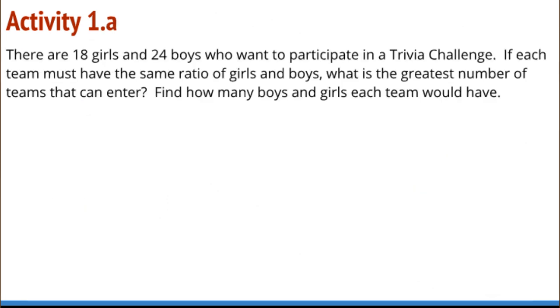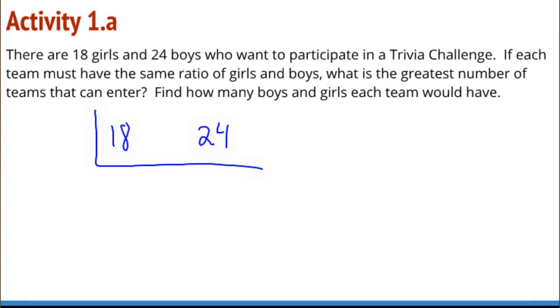All right, and now we just go through some problem-solving activities. There are 18 girls and 24 boys who want to participate in a trivia challenge. If each team must have the same ratio of girls and boys, what is the greatest number of teams that can enter? So we're using our scaling here to help us to figure out teams. So I've got 18 girls and I've got 24 boys, and I want to scale this to find the greatest number of teams.